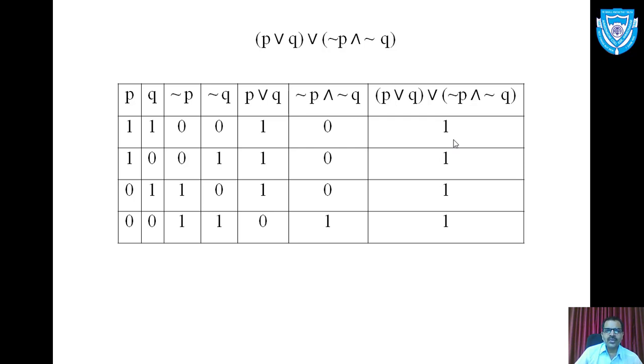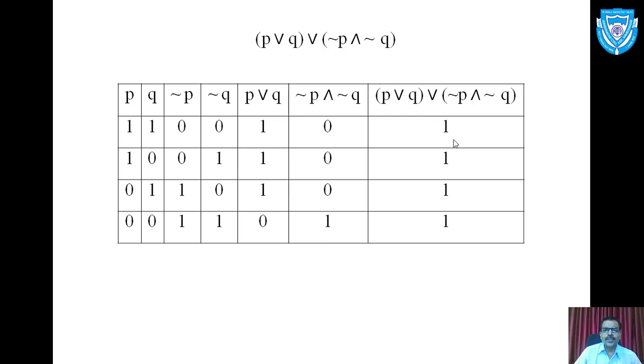Now to obtain the truth values of P or Q, you can take the reference of the truth table of disjunction. T or T, T; T or F, T; F or T, T; F or F, F.